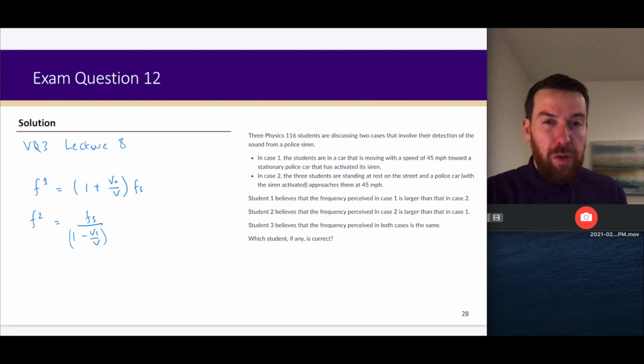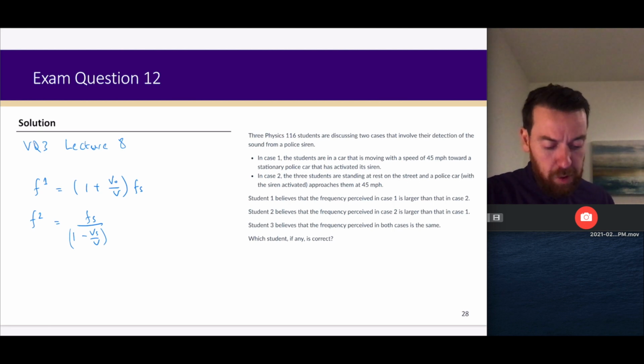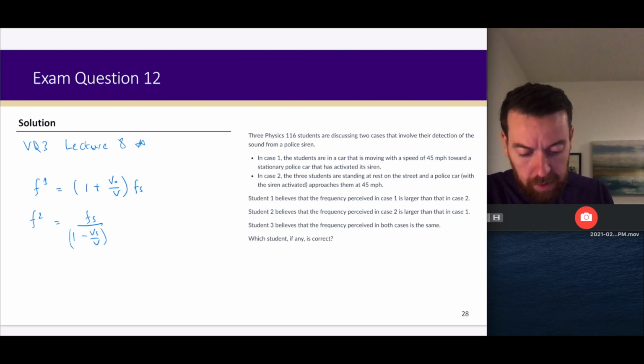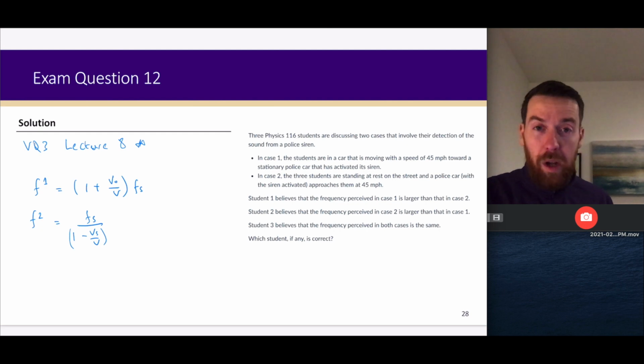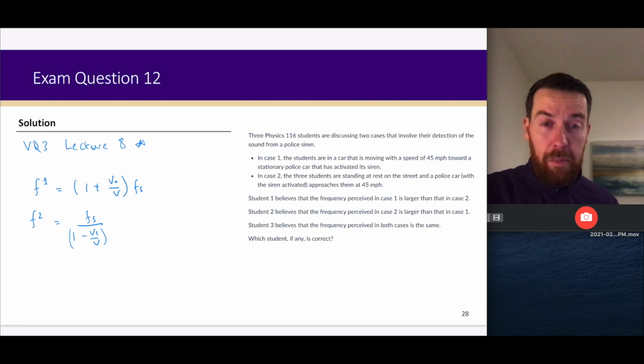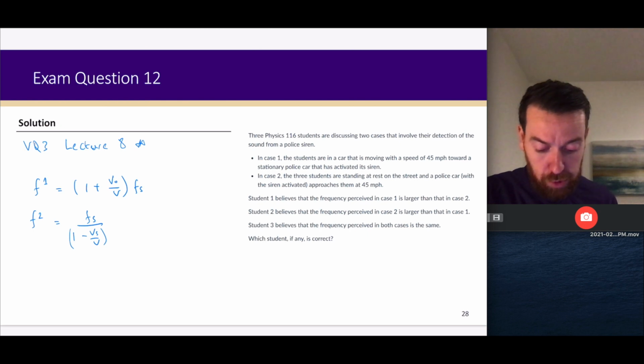It does work out whenever the source is moving. If the V observer and V source are the same, it always works out to be larger when the source is moving toward the stationary observer. But let's work through the algebra to see why that is true.